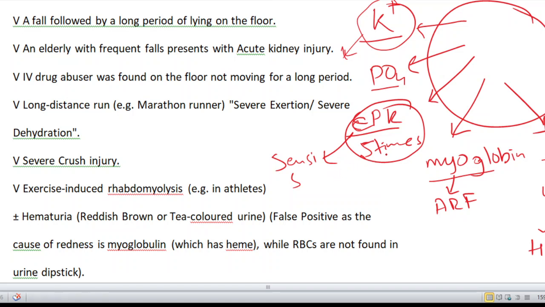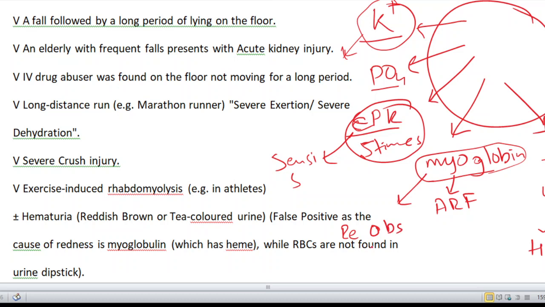In order to confirm the diagnosis, then comes the myoglobin. Myoglobin is also elevated, and myoglobin is very important. It has three adverse effects. It causes renal tubular obstruction.